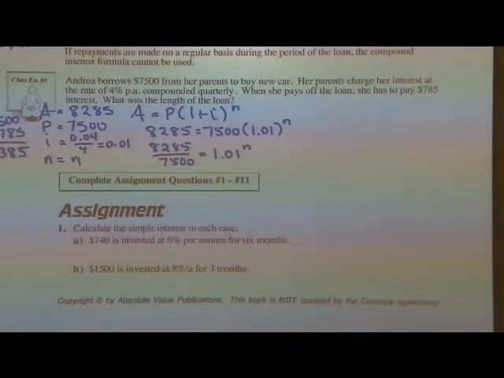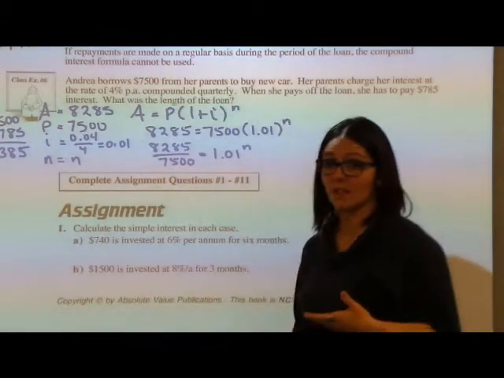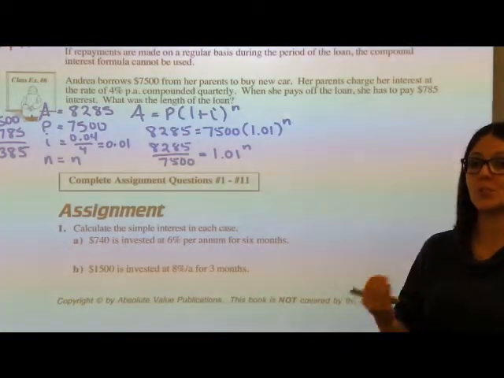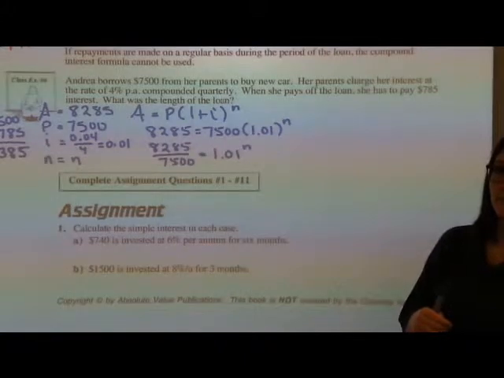Then what would I do? Do you have to turn them both into logs? I have to go into logs. So do you want to take the log of both sides, or do you want to just write it into a log? Write it into a log.